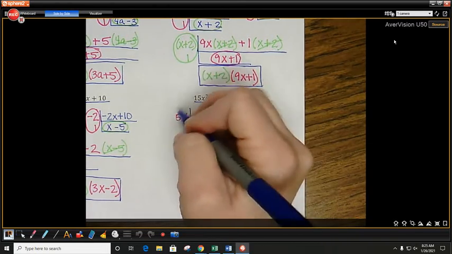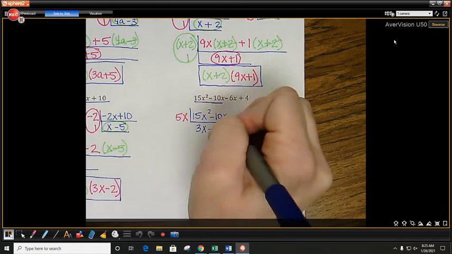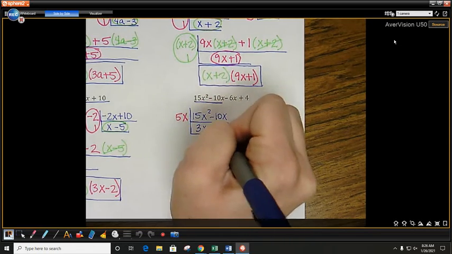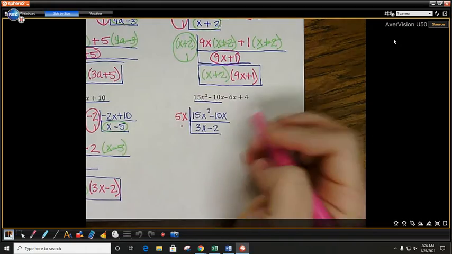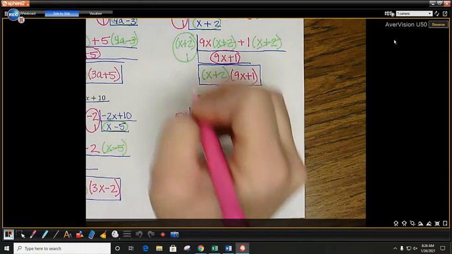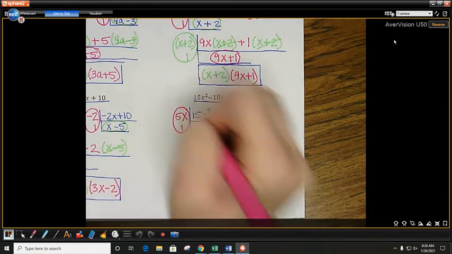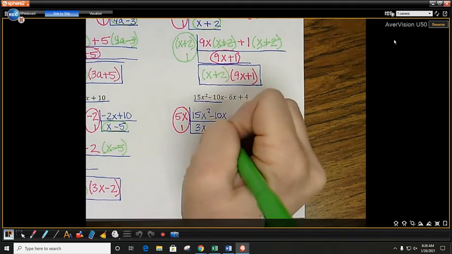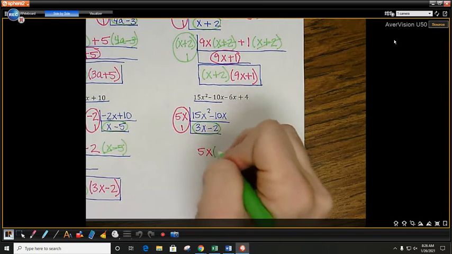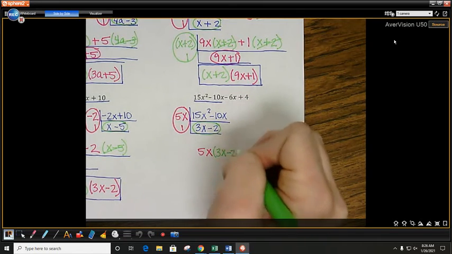Negative 10 divided by 5 is negative 2. You have an x, but you took an x out. The only common factor with 3x and negative 2 is 1. So my GCF is 5x. And then the last row of my upside down division is 3x minus 2.